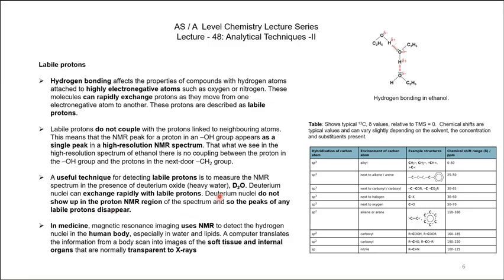If we use deuterium oxide to collect the NMR spectrum, we will see that the peak for labile protons disappears, and we will use that to identify whether it is a labile proton or not.